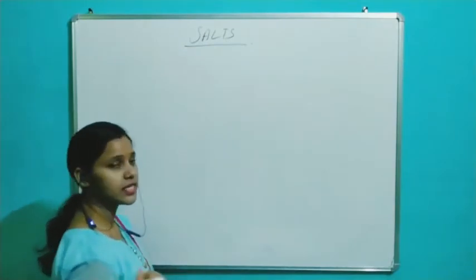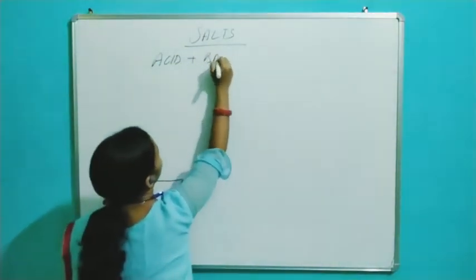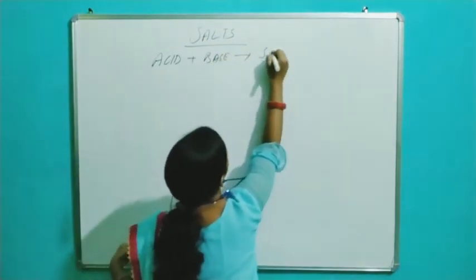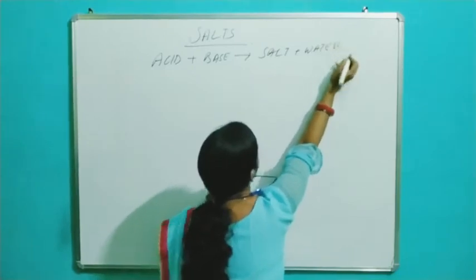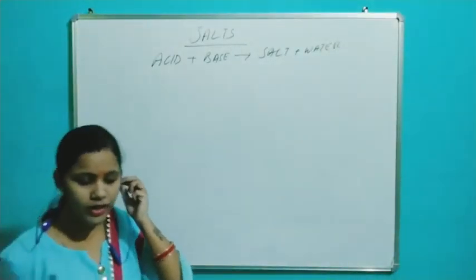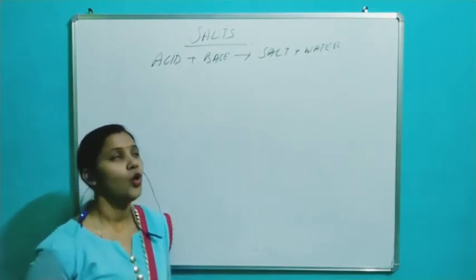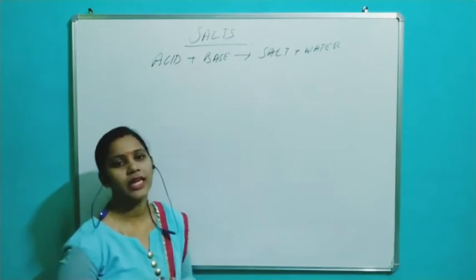So we have discussed the neutralization reaction, that is, when an acid reacts with a base, it forms salt and water. We can say that a salt is a compound formed when hydrogen is replaced from the acid.